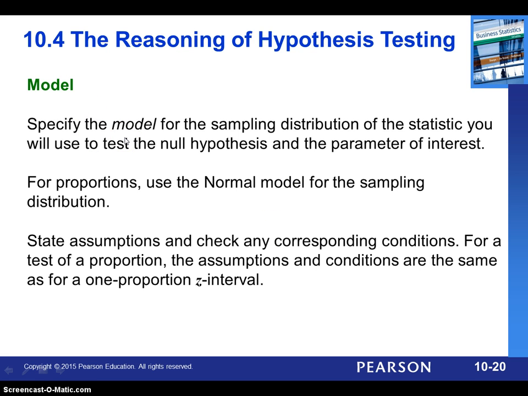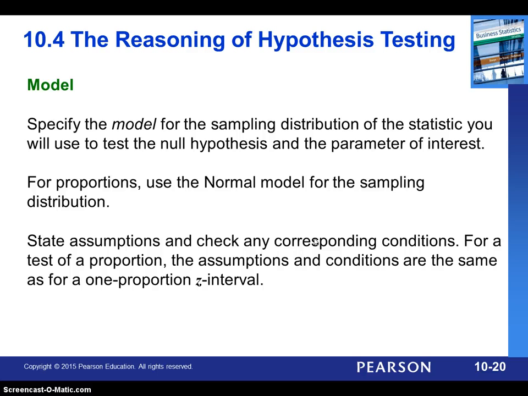Okay, then we're going to come up with a model. We have to decide on what model we're going to use, and I'll just cut to the chase here. In most of the things we do in this class, we're going to go with the normal model. So again, we have to state our assumptions and check the conditions. For the normal model, we have to make sure that we use randomization, less than 10% of the population in our sample, and the success-failure conditions, so n times p has to be greater than 10 and n times q has to be greater than 10.